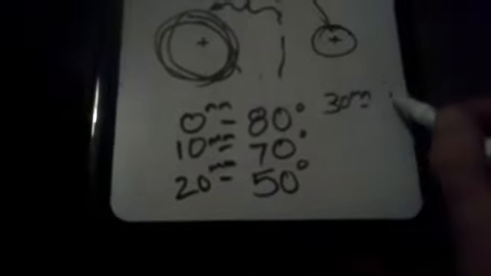Inverse square means at 20 millimeters, from 0 to 10, it moved 10 degrees. So from 10 to 20 millimeters, it's going to double. So now this would be 50 degrees. And then you go to 30 millimeters, and it would double again, 40, so you would have 10 degrees.